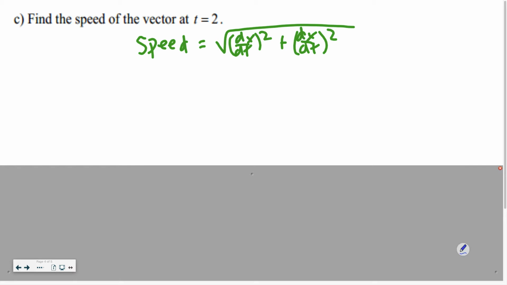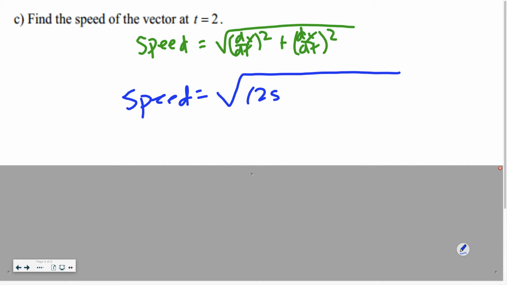So if we want the speed at t equals 2, then we can plug 2 into t sine of t, and we can plug 2 into the cosine of t squared. And that represents our speed at t equals 2. Same thing as the magnitude of the velocity vector.